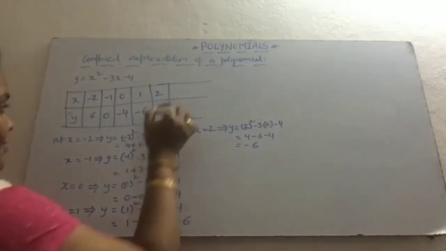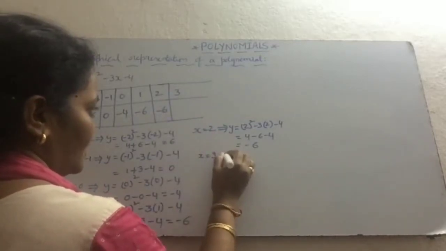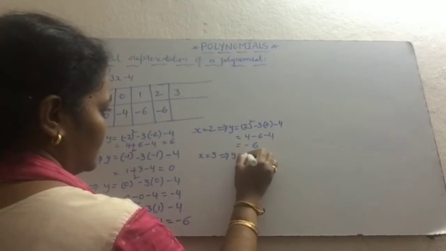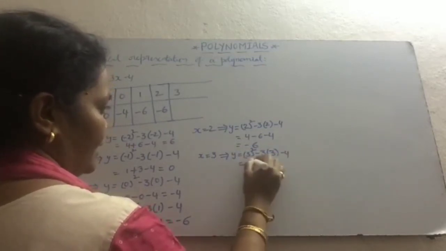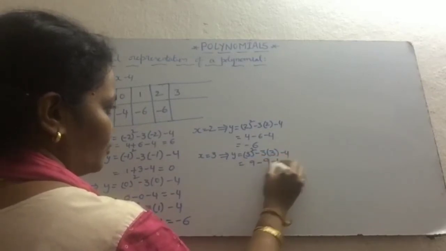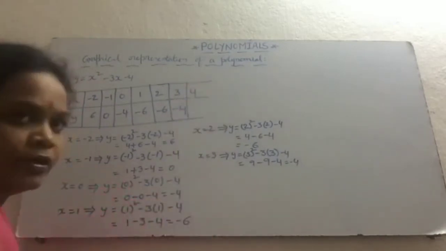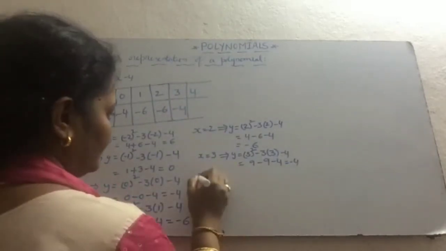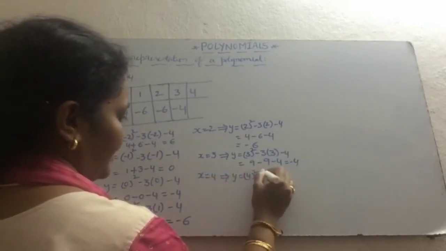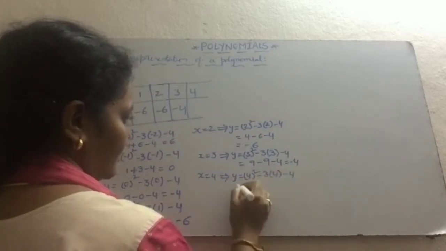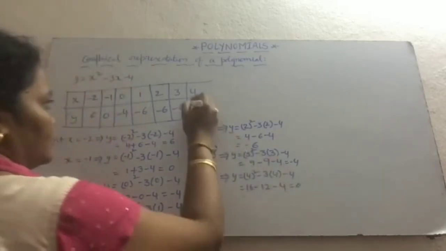And if the value of x equal to 3, then the value of y equal to 9 minus 9 minus 4. So minus 4. The value of x equal to 4, y equal to 4 whole square minus 3 into 4 minus 4. 16 minus 12 minus 4 that equal to 0.